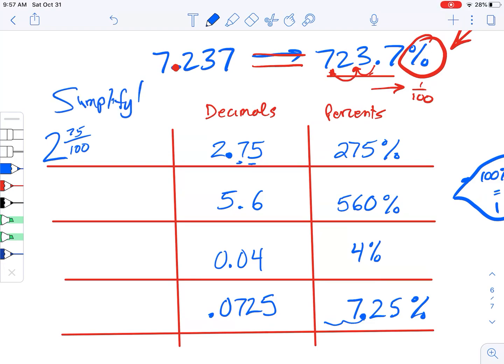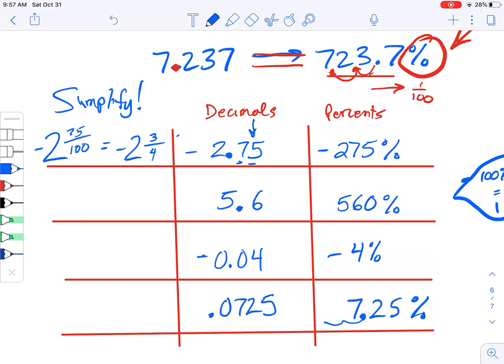Oh my goodness, that will be a really rough spot for you. And by the way, let's make some of these negative. Come on, we're in the rationals unit. So I'll have -2, and when I simplify 75 hundredths, I will get 3/4. And that makes sense. I know that 3/4 is 0.75, so that makes sense to me.